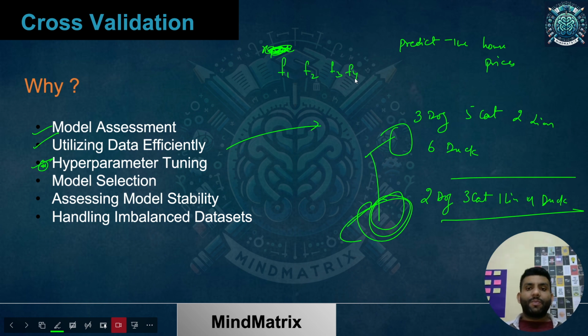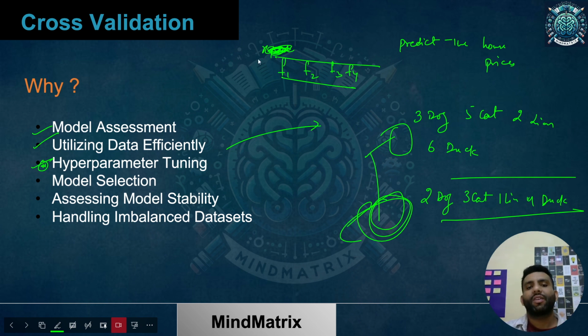So with respect to this, you'll be learning to predict the prices of houses, and there are these 4 features which you are using to predict the prices. Now the thing is, what should be the kind of relation with respect to the output?